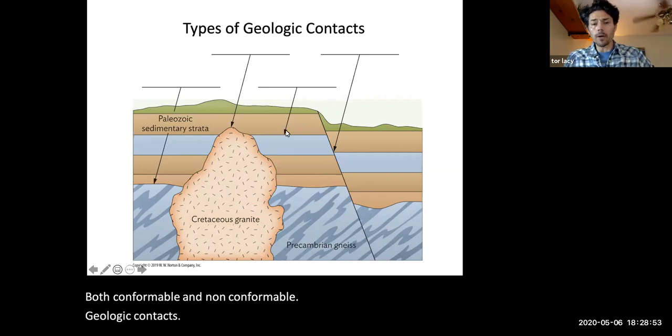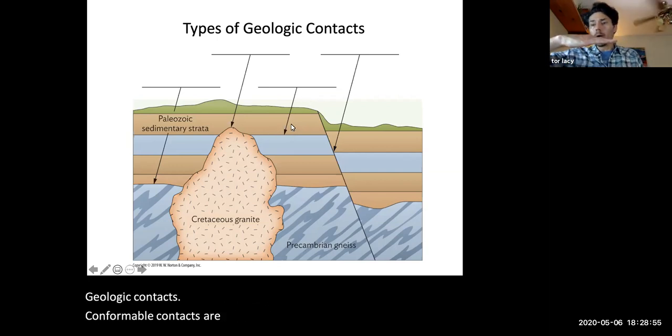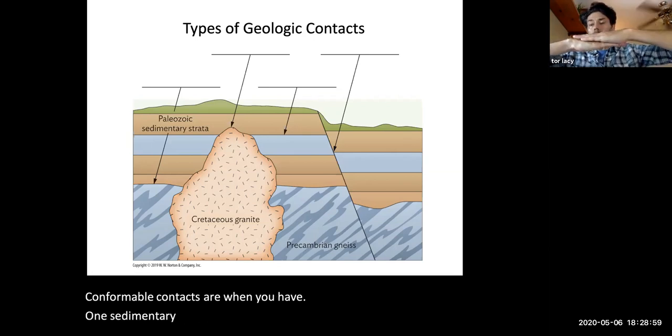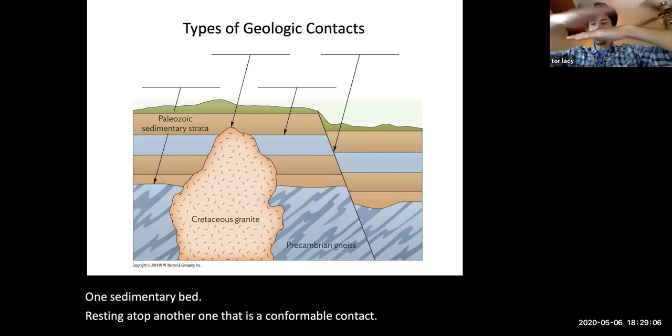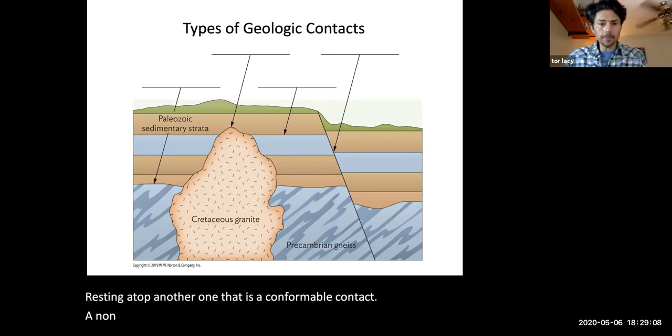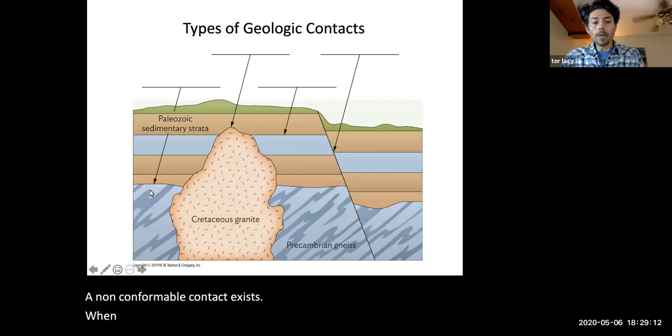Conformable contacts are when you have one sedimentary bed resting atop another one. That is a conformable contact. A non-conformable contact exists when you have dissimilar types of rocks in contact with one another.